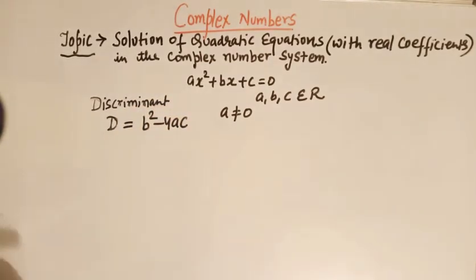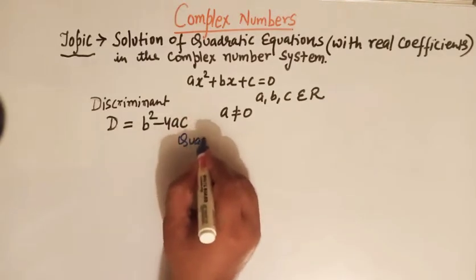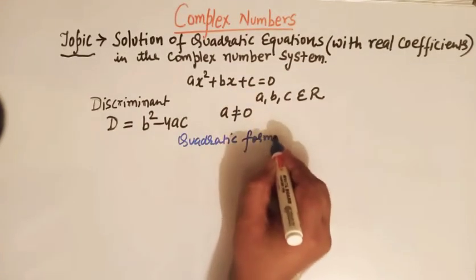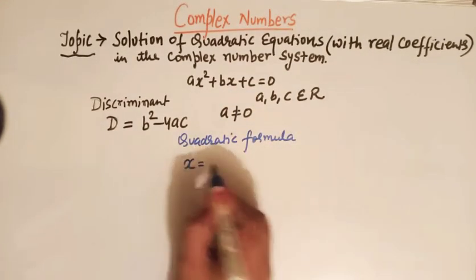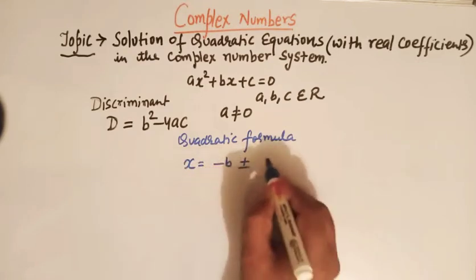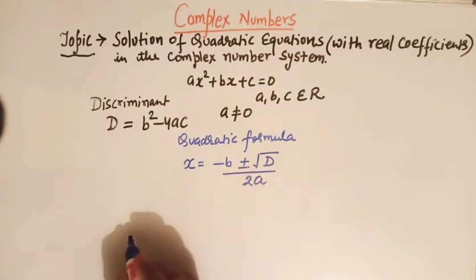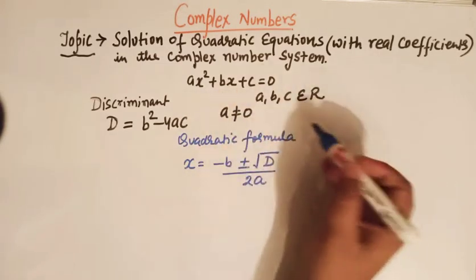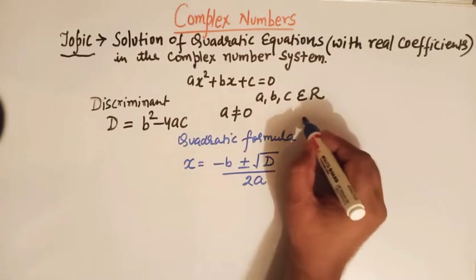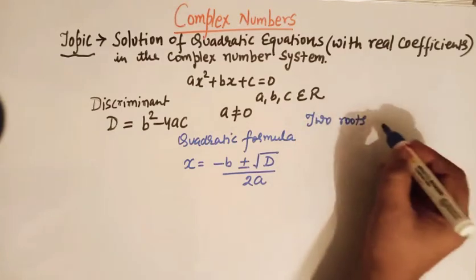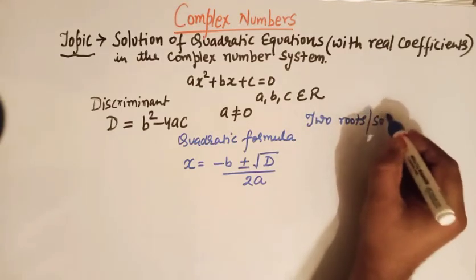And the quadratic formula to solve this equation is given by x is equal to minus b plus minus square root of d divided by 2a, right? So here the quadratic equation has two roots, or we can say two solutions.